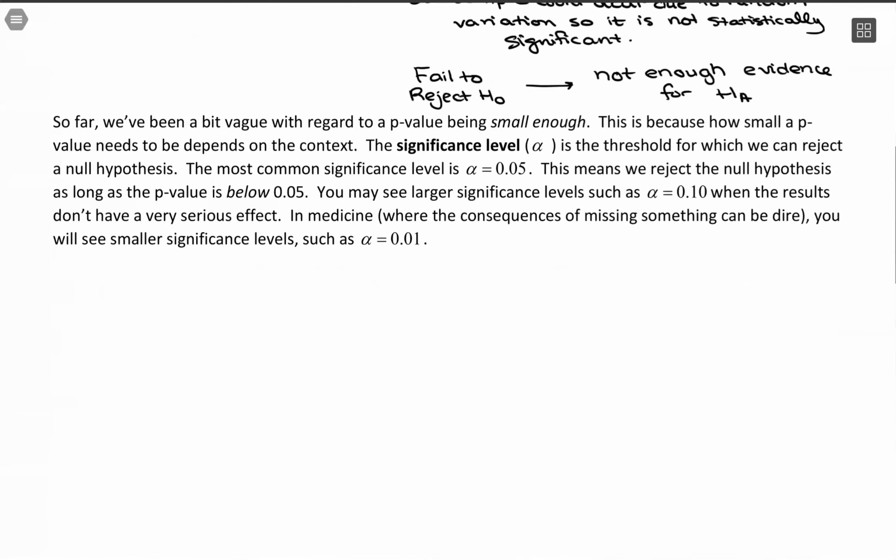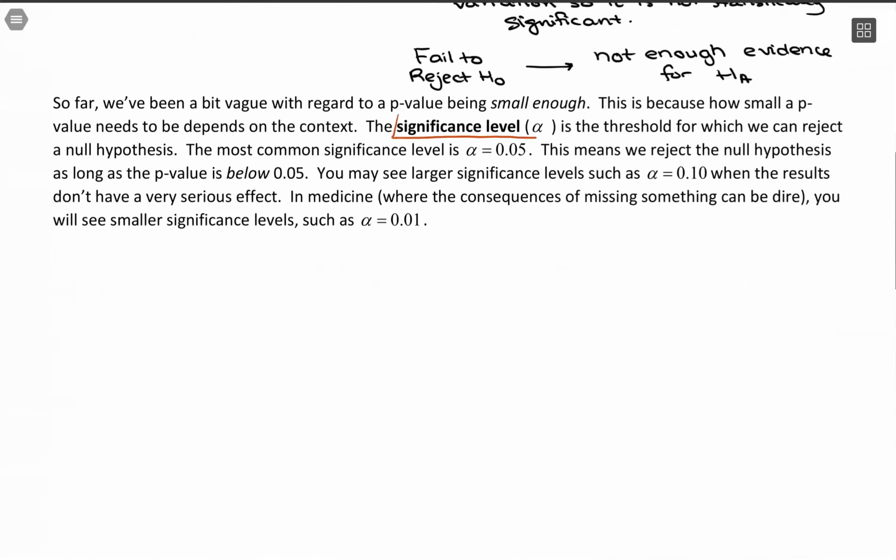Significance level is given by the symbol alpha, and that'll be our cutoff for what's considered small or not small. So typically alpha is 0.05, this 5% significance level.